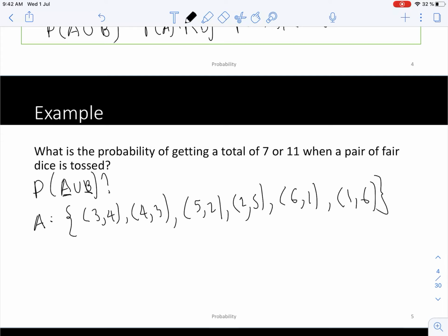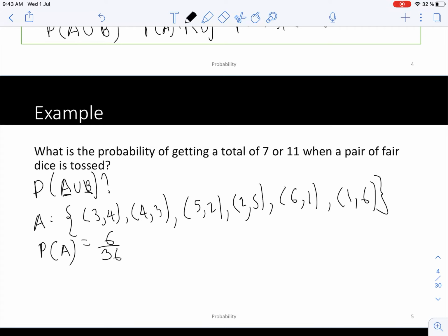So we have 1 2 3 4 5 6 sample points that satisfy that condition. So we can compute the probability of A right away. The probability of A is 6 over 36, 6 sample points out of 36, that's the total.